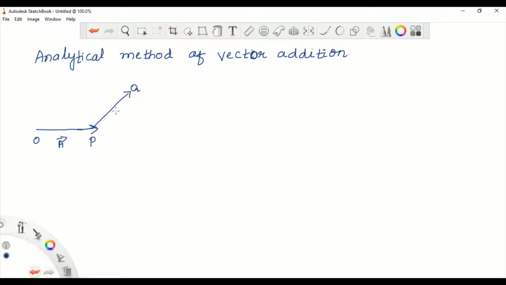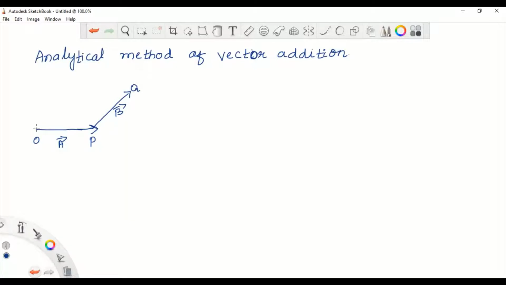This is our second vector, B vector. So these two vectors are two sides of the triangle taken in the same order. Then according to the triangle law of vector addition, the resultant vector R is given by the closing side OQ taken in the reverse order.